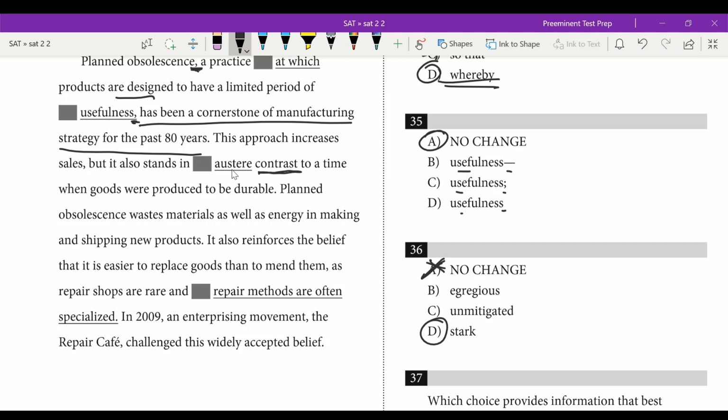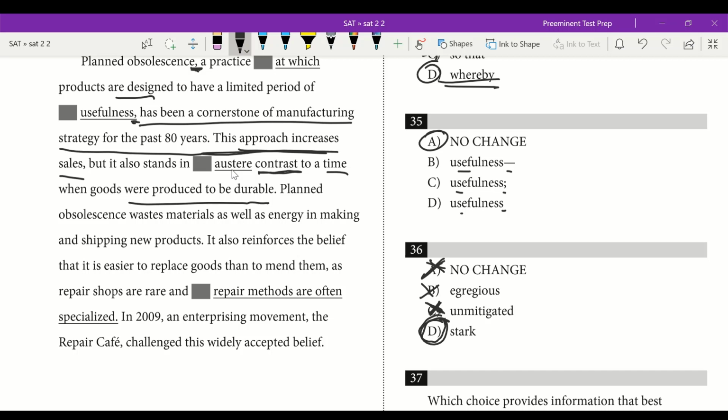And if you're on the SAT writing section, you don't know what a word means, but you do know another one, and you know another one would work there, pick the one that you know, right? Don't let your confidence just say, oh, I'm not confident, I wasn't ready, I didn't know this word. Stay confident. Confidence is really important when you're taking the SAT. So when I read this, I know stark contrast, right? I know that this approach increases sales, but it is in stark contrast to a time when goods were produced to be durable.